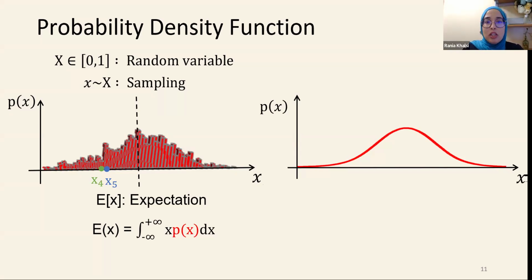But what is that? It's mainly the average. It's the average value that you can expect when sampling from x, okay? And it can be computed using the integral, like you see in this formula. And this is the integral of the probability density function. So it can be computed like in this function, okay?